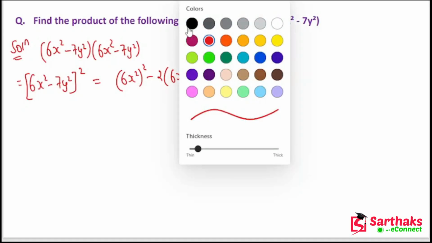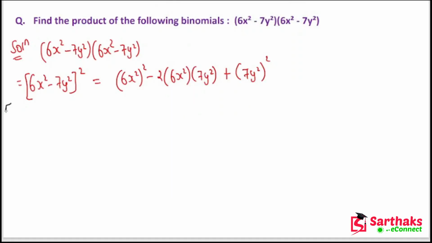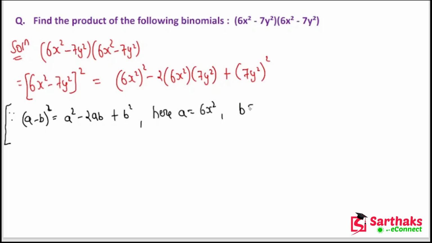Okay, if you want to know the identity how we did it, so we can write (a minus b) whole square is equal to a² minus 2ab plus b², right? And what have we taken a and b? So a would be this 6x² and b would be this 7y².